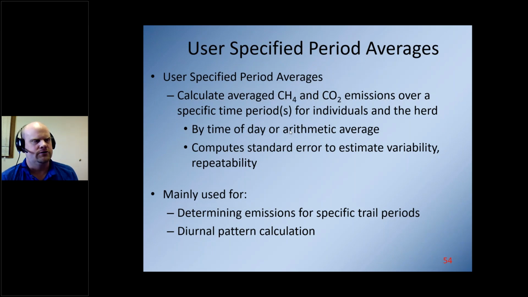Another way to look at averages, and there's actually this routine in the post-processing software, is to define a start date and an end date, and then determine the averaged emissions in that start and end date.